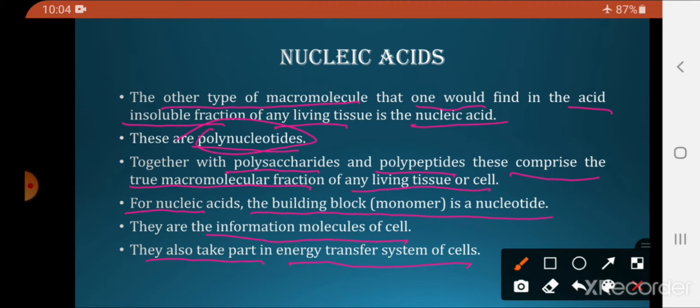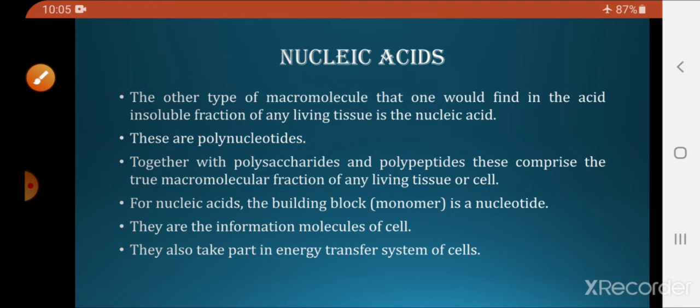Energy transfer system means those involved in the production or generation of energy, like ATP. We know that ATP is the energy currency of the cell. So this ATP is nothing but a nucleotide. One type of nucleotide, ATP, is involved in the energy transfer mechanism.